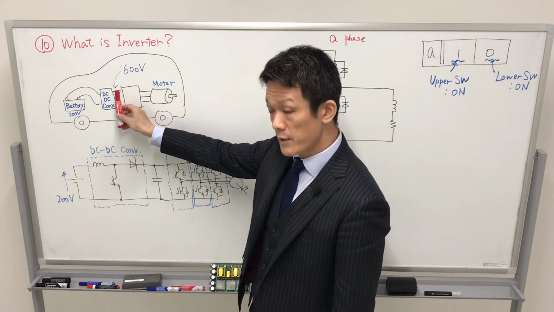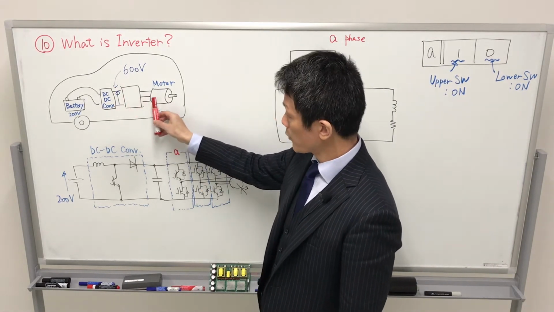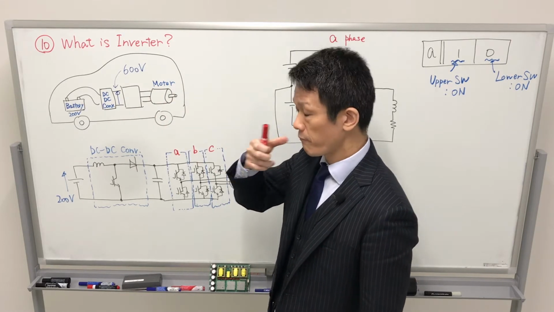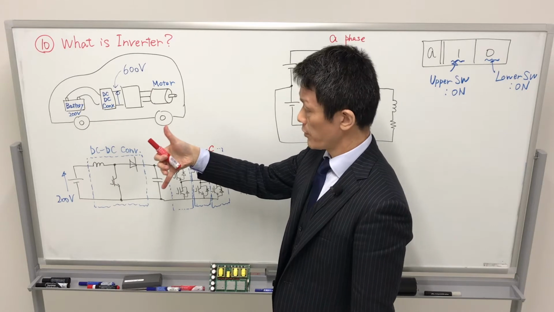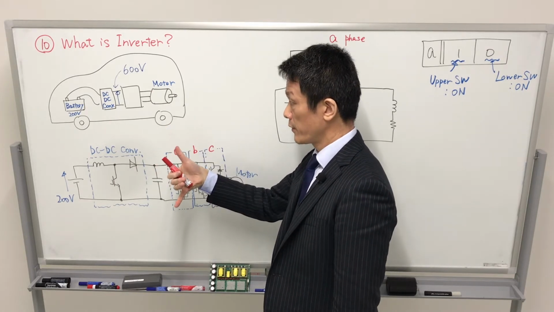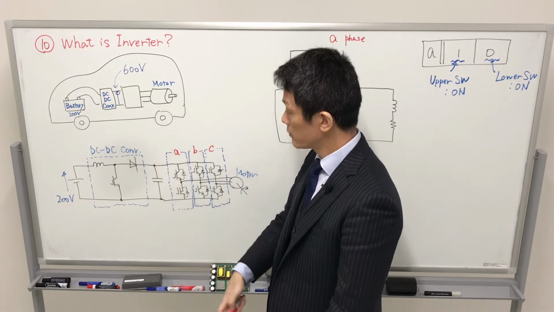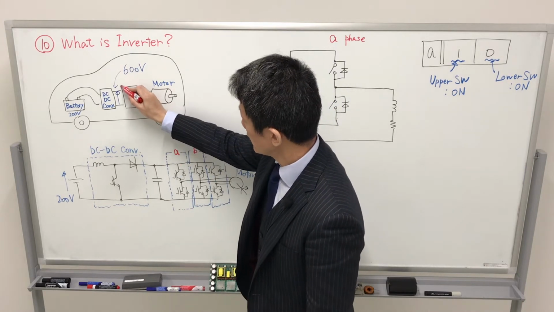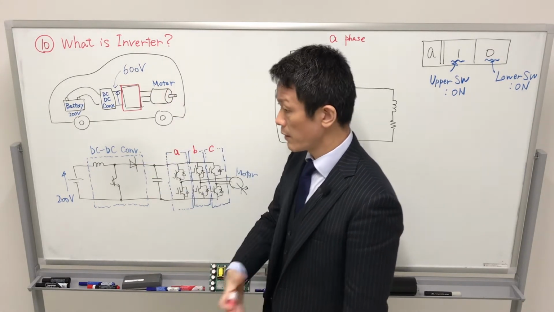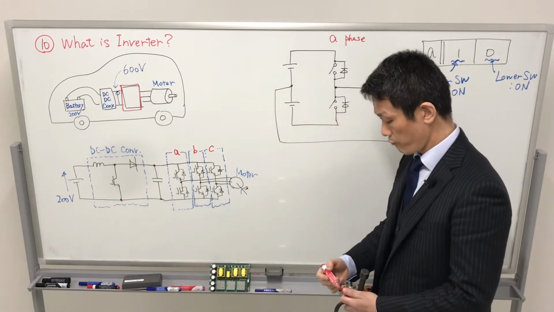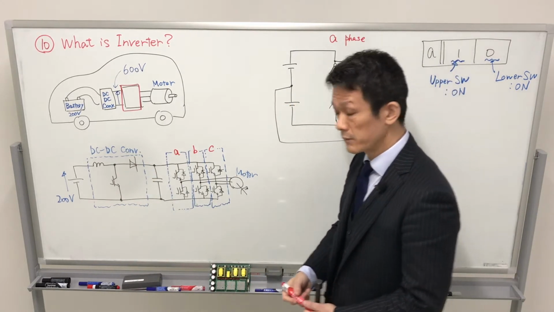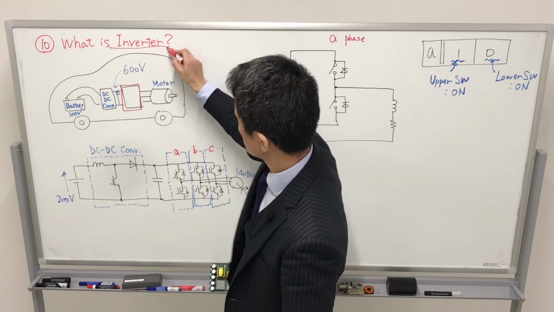Inside is DC, outside is AC. The voltage condition is changed. That is inverted. So we call this change from the DC side to the AC side the inverter.